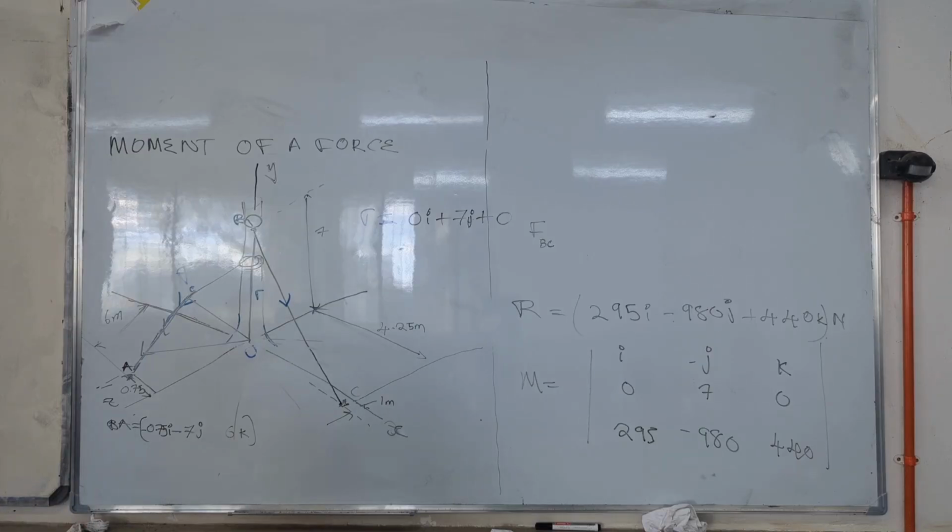What was the total force after adding the forces? 791. No, not the final answer, the forces after adding them. 297, and 295, and 980 and 440.